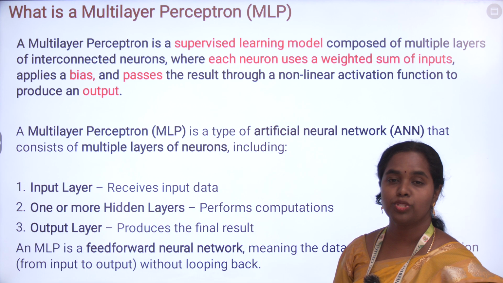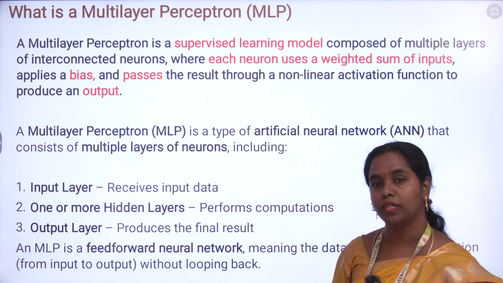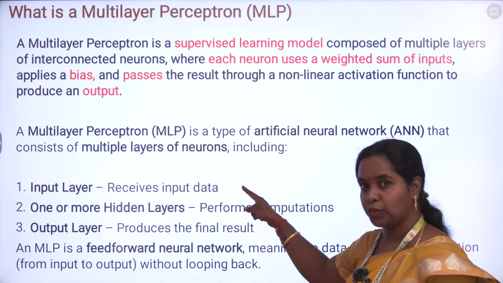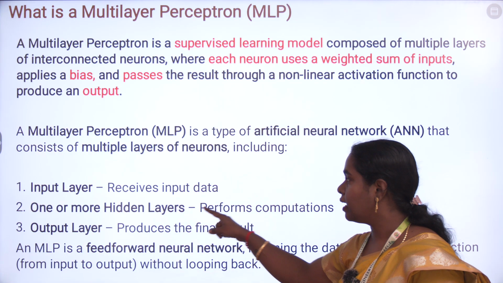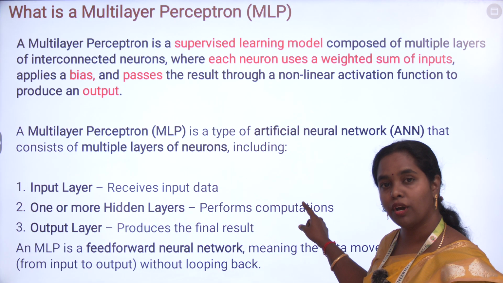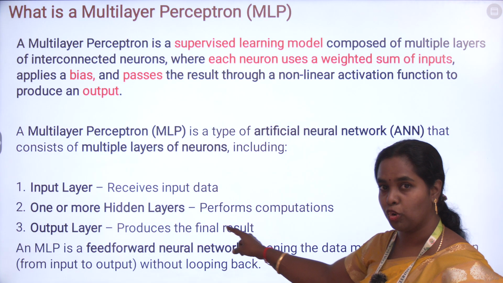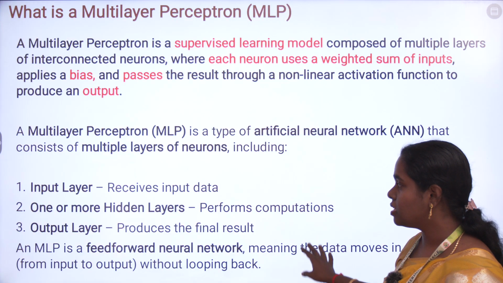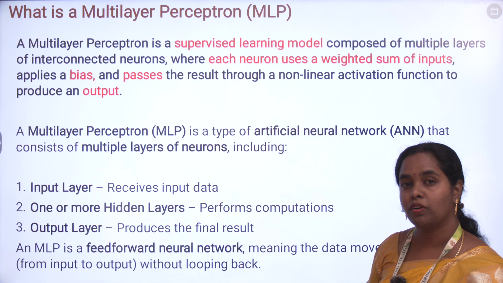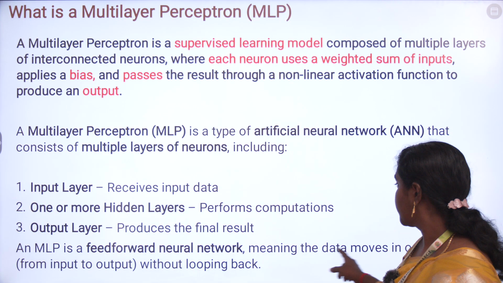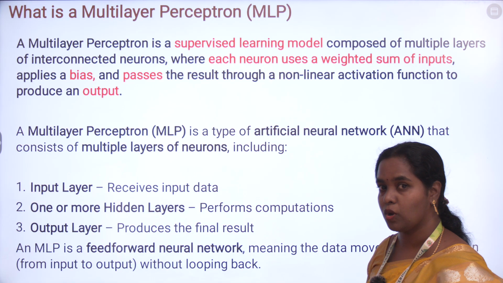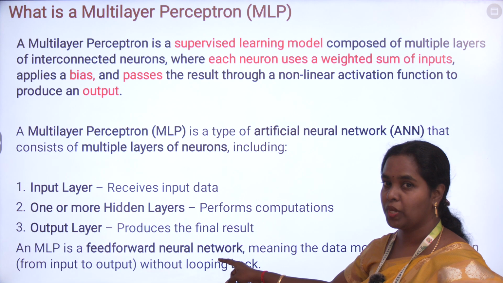Here we use three layers: the input layer, the hidden layer and the output layer. The input layer receives the input data, the hidden layer performs the computation, and the output layer produces the final result. This is also called a feed forward network, which means data moves in one direction, so it is called a feed forward neural network.